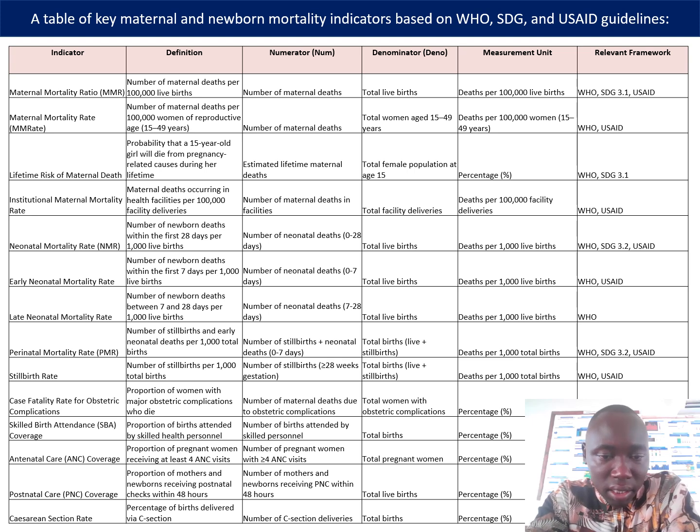Now, stillbirth rate, we look at the number of stillbirths per 1,000 total births. So we have a case fatality rate for obstetric complications. Now, some of these indicators, we normally don't monitor often.